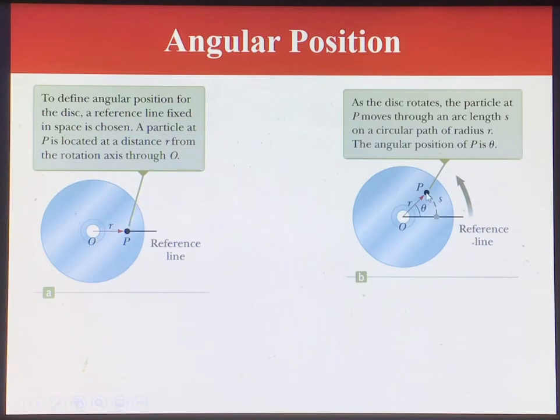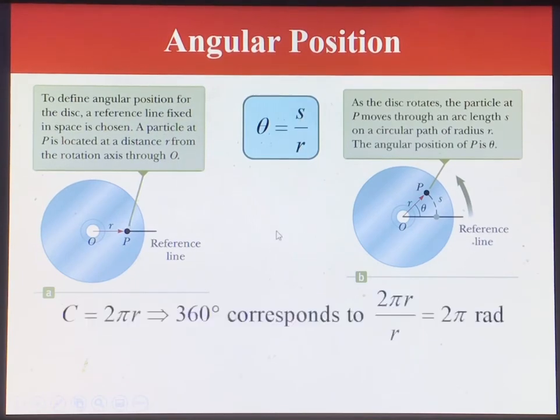So again, I can calculate the change in the angular displacement theta if I know what the radius is and if I know what the arc length s is. So there is a simple equation that we can use. Theta is equal to s over r, where r is the radius and s is just the arc length.